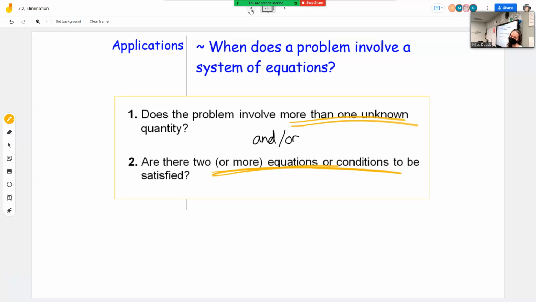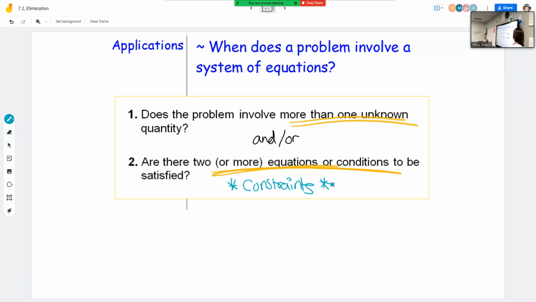And guys, this is basically giving us just the beginning of mathematical modeling. Taking a situation, breaking it down. What do I know? What don't I know? What do I want to find out? What are the constraints? That's a snazzy math word for this second thing right here. If I have no limitations, if I have no conditions that need to be met, then nothing is constraining the problem.